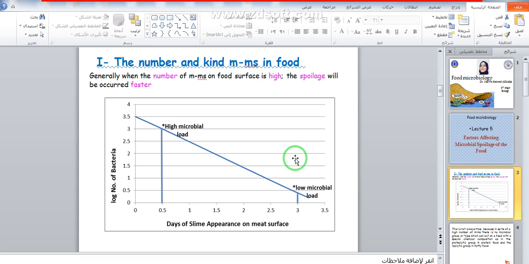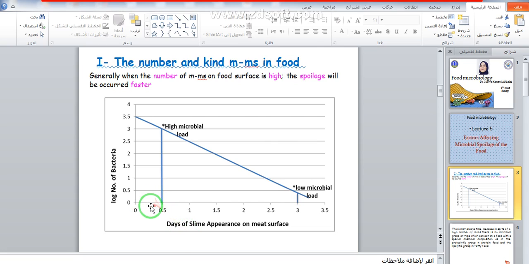Number 1, the number and the kind of microorganism in the food. Generally, when the number of microorganisms on the food surface is high, the spoilage will occur faster. As we see in this figure, the y-axis is the log number of bacteria, while the x-axis is the days of slime appearance on the meat surface.